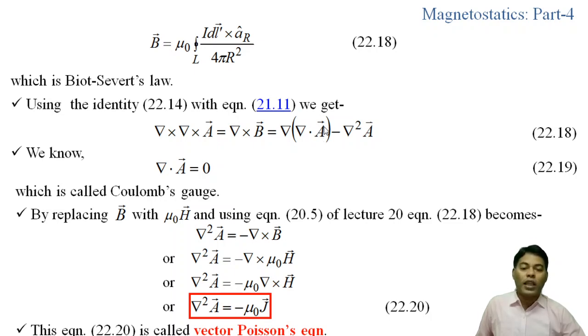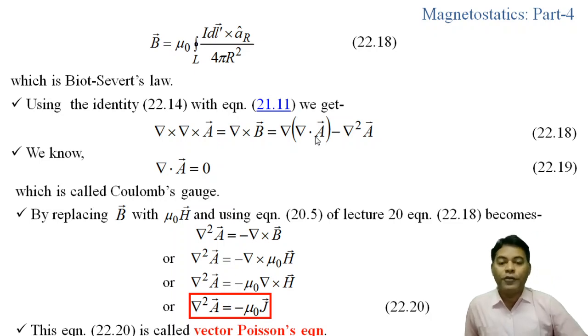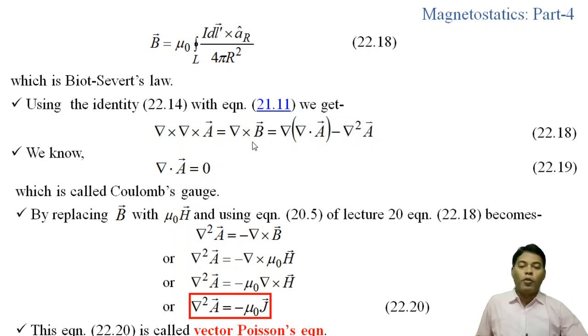In this expression grad dot A, the Coulomb's gauge, is equal to 0. Now if it is 0, then we can write grad cross B equals minus grad squared A.